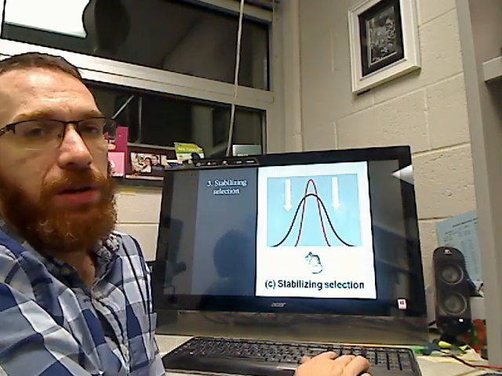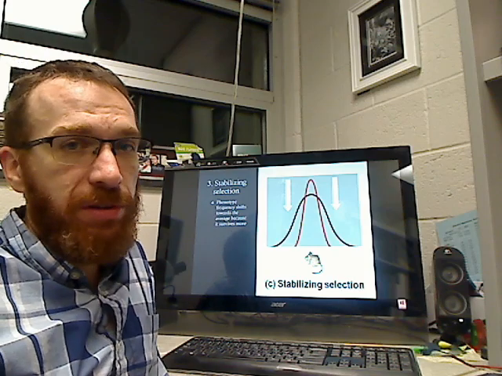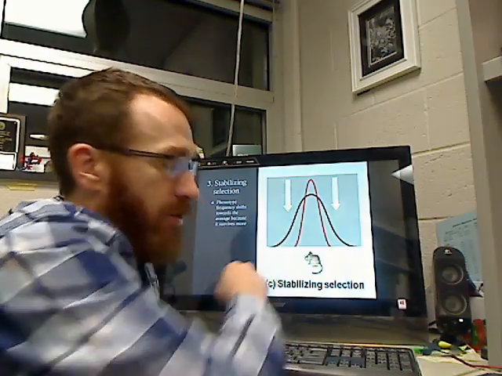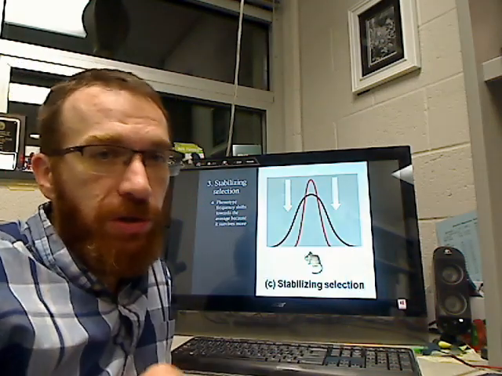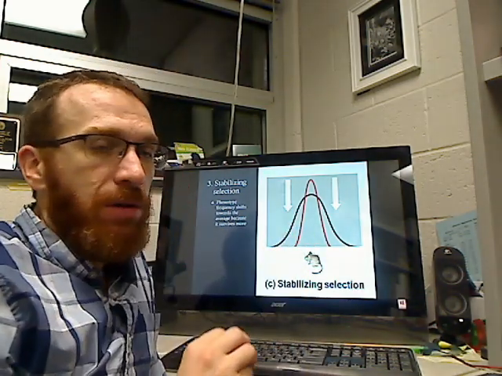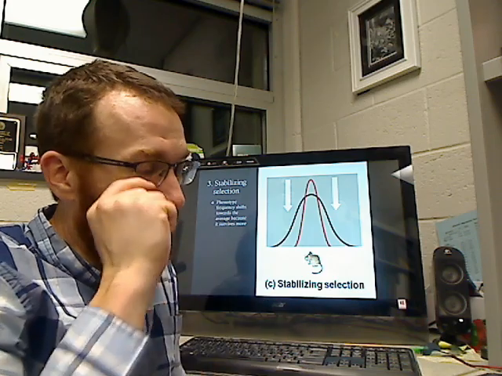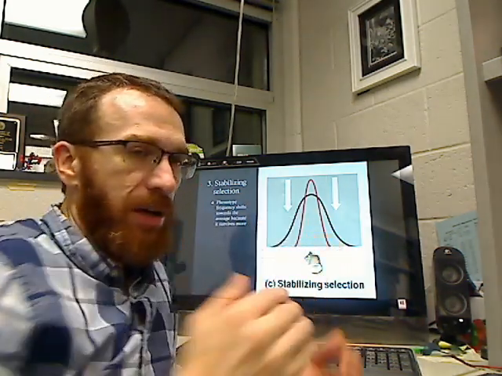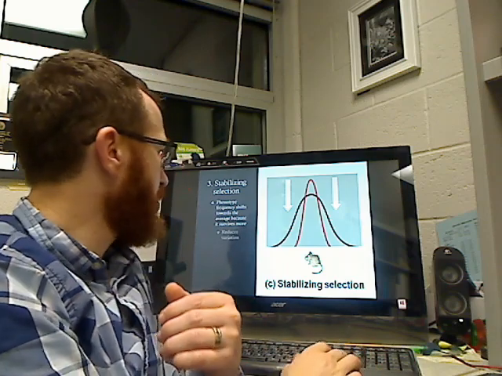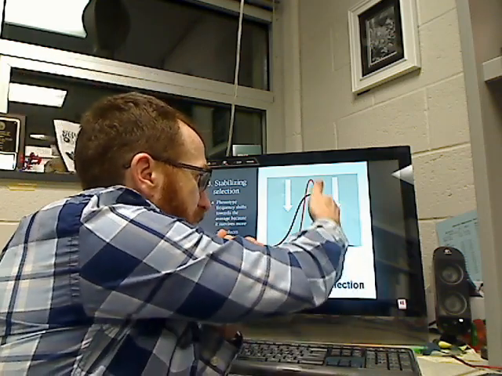And then our last one is called stabilizing selection. Stabilizing selection is the opposite of disruptive, where instead of your two extremes being selected for, your two extremes are selected against, and your mid phenotype is selected for, and it goes up in frequency, and the others go down. Generally, this reduces genetic variation in a population because you're losing the tails.